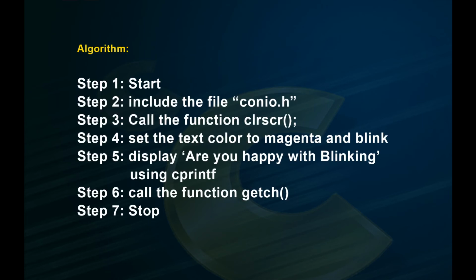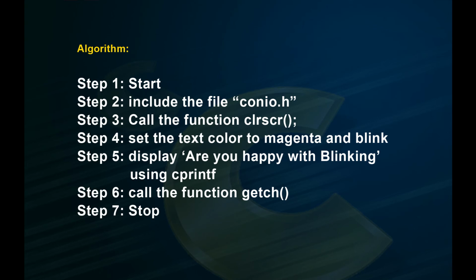Now, we will go to the last program. In this program, we will introduce the simple graphical effect of blinking on text. The algorithm is: step 1, start. Step 2, include the file conio.h. Step 3, call the function clrscr.